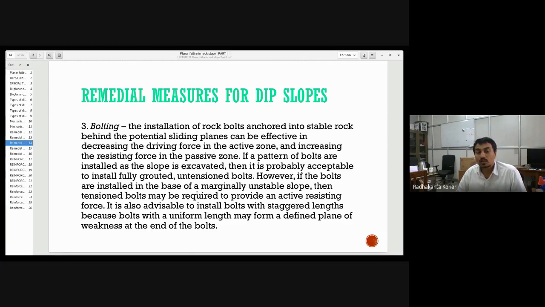Whether it is to be fully grouted or half grouted is also decided based on the condition. But a very important concept to be remembered here is when a series of bolts is to be installed in a rock face.